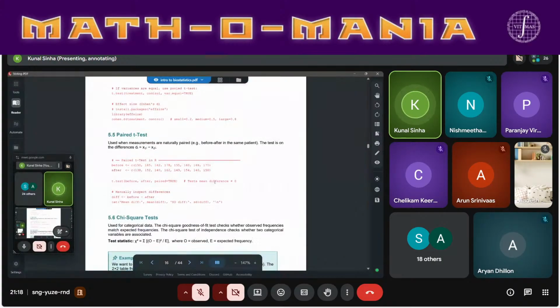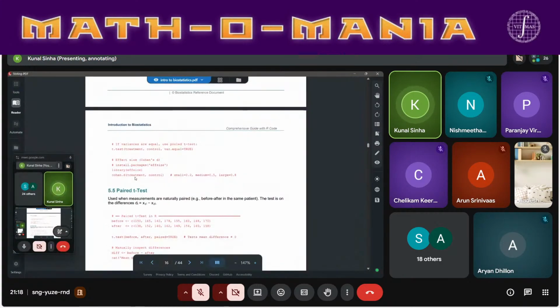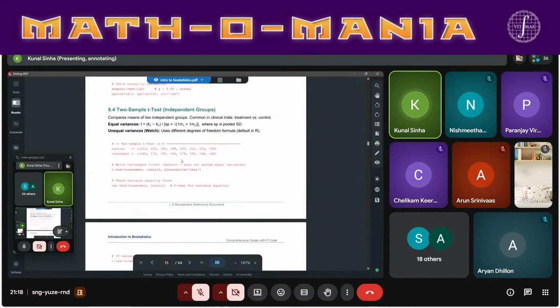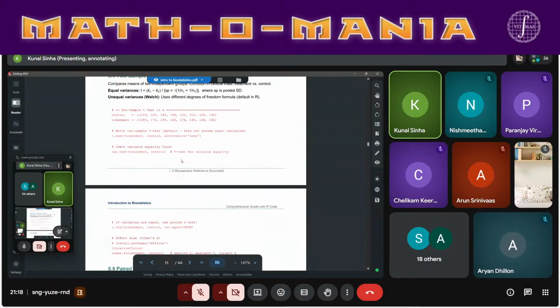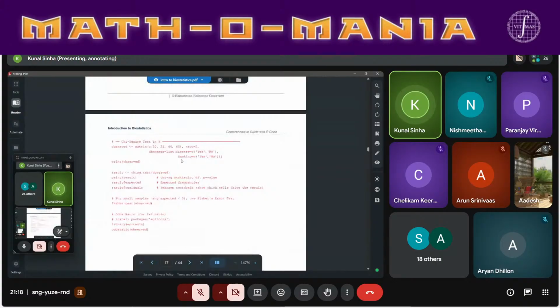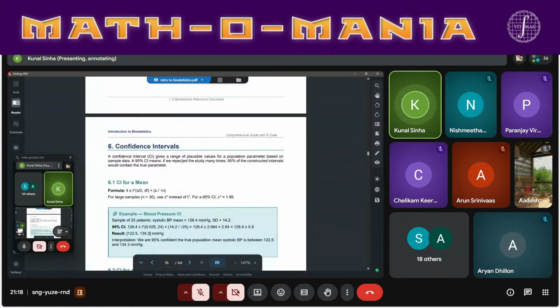Because this is a lot of math, and you'll need a base for this too. As most of you are second and first years, you are probably not familiar with this part yet. So if you are interested in this after the session, please feel free to contact me. I'll go into the biostatistics part soon enough. Then you can understand what is exactly going on. This is just the introduction part as of now.